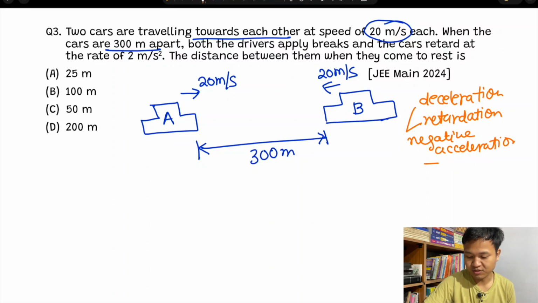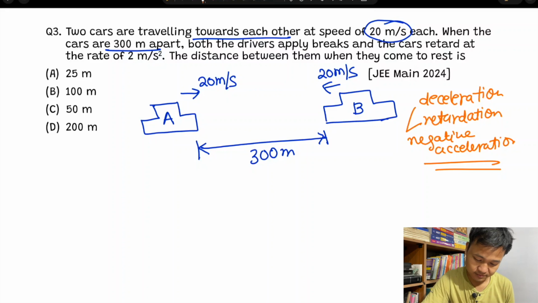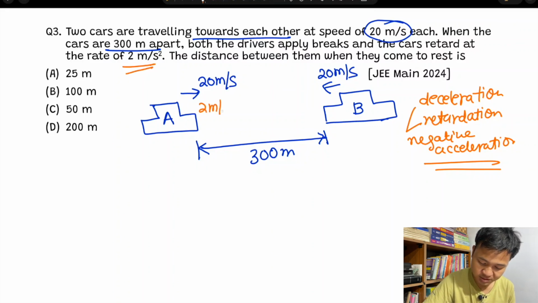With negative acceleration, speed decreases. With positive acceleration, speed increases. Now they are giving you the retardation as 2 meter per second square. So here you have 2 meter per second square and 2 meter per second square.